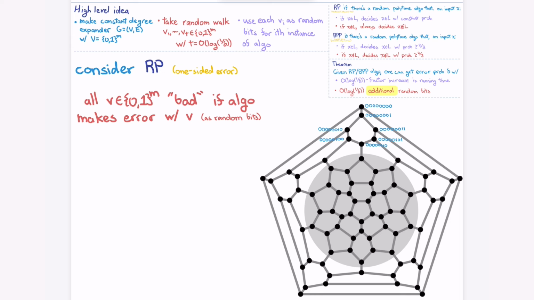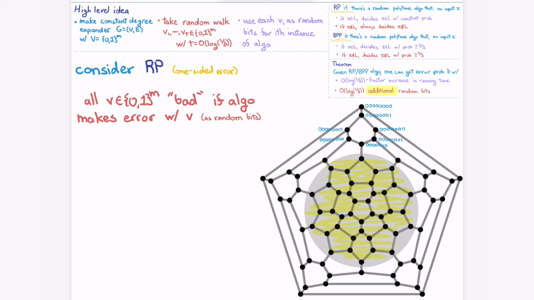So maybe this middle region is the bad part. These are the bit strings that would cause your algorithm to incorrectly say it's not in the language when it's actually in the language.